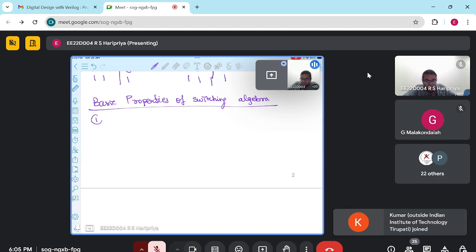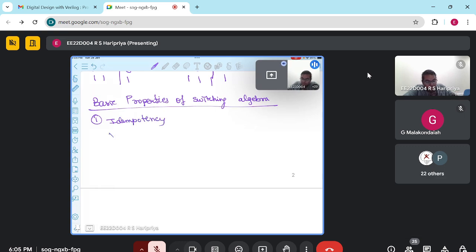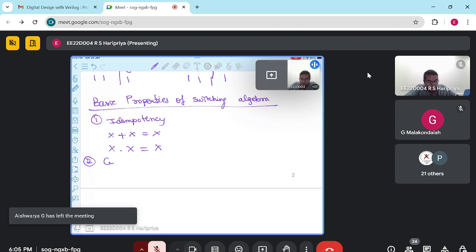The first property is the idempotence property, which says that x plus x is x, and when you perform the AND operation with x, it is x. With the same variable, if you perform the OR operation or the AND operation, it gives the same input.